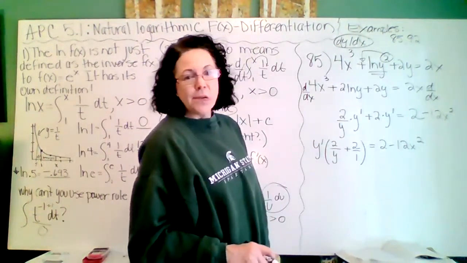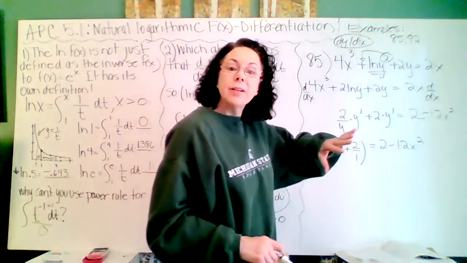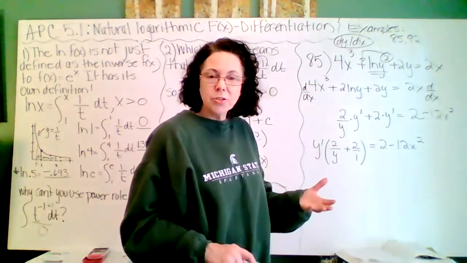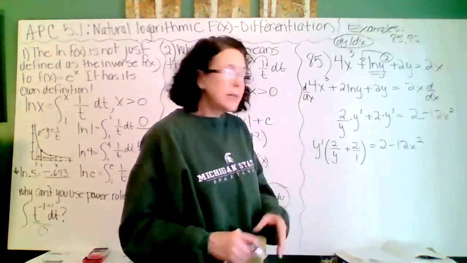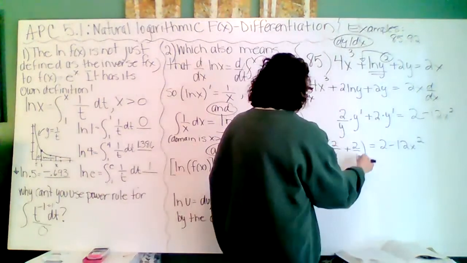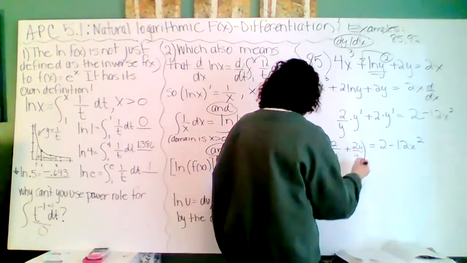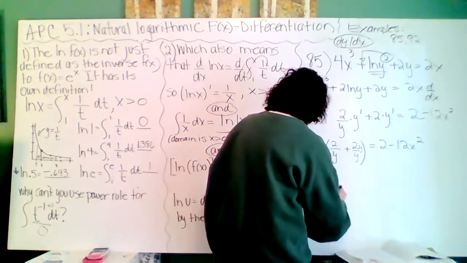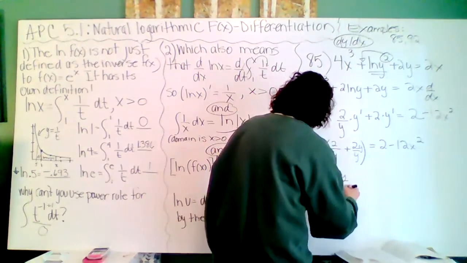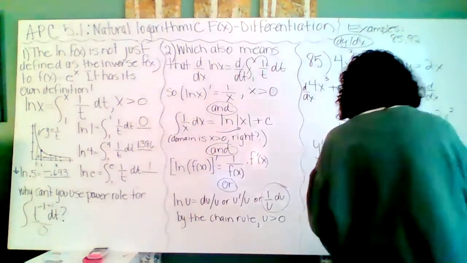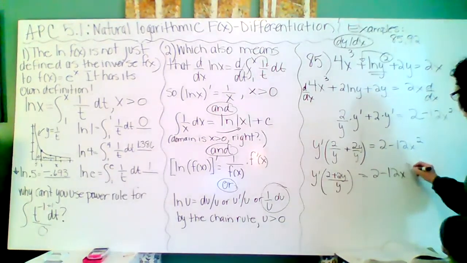I'm not liking it, because I don't have a common denominator. I can't flip two different fractions over a plus sign. I can flip one fraction, right? So let's get a common denominator. I'm going to multiply the top and the bottom here by y, and rewrite it as 2 plus 2y divided by y equals 2 minus 12x squared.